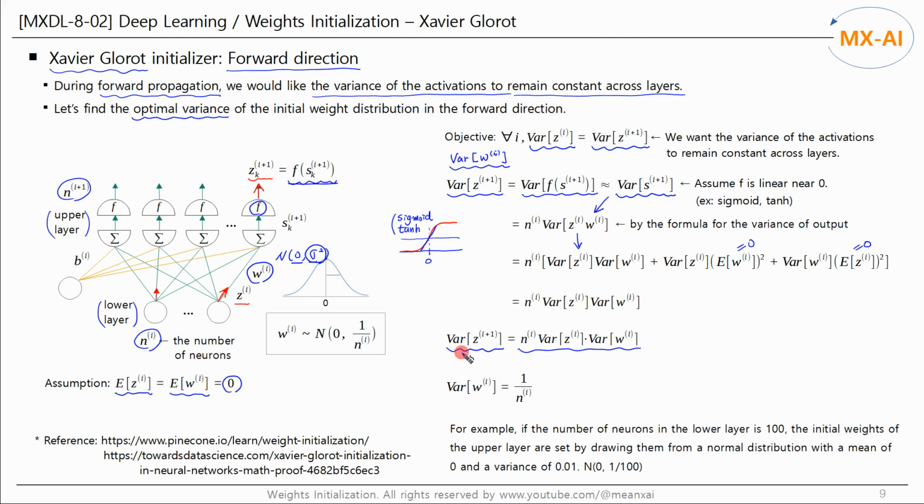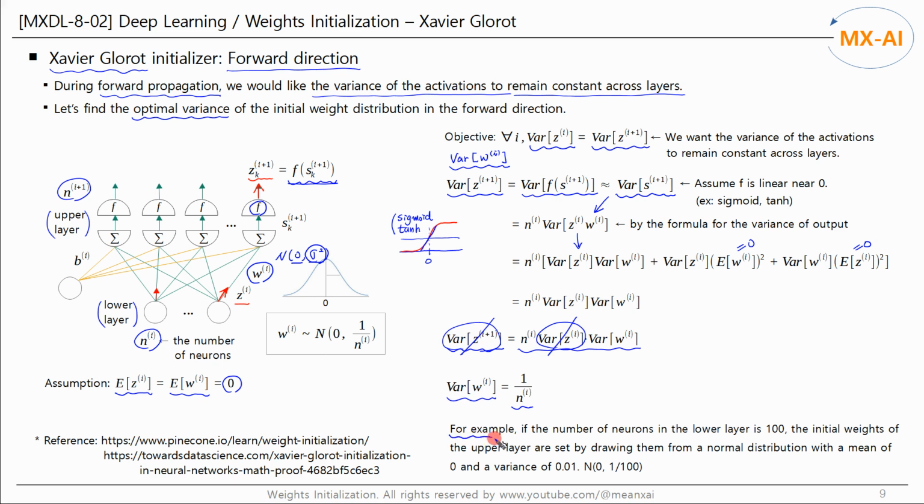Here, since the objective is to make this term and this term equal, we can cancel the two terms in this equation. Then the variance of Wi becomes 1 over Ni. This is the optimal variance of weights obtained from forward propagation, satisfying the objective.